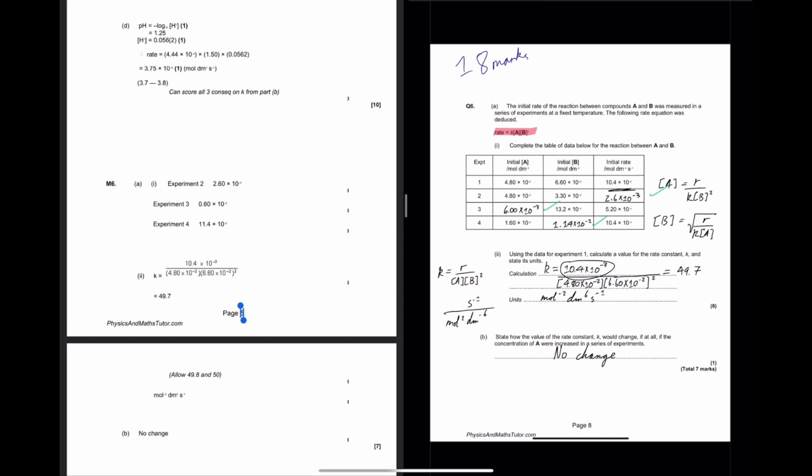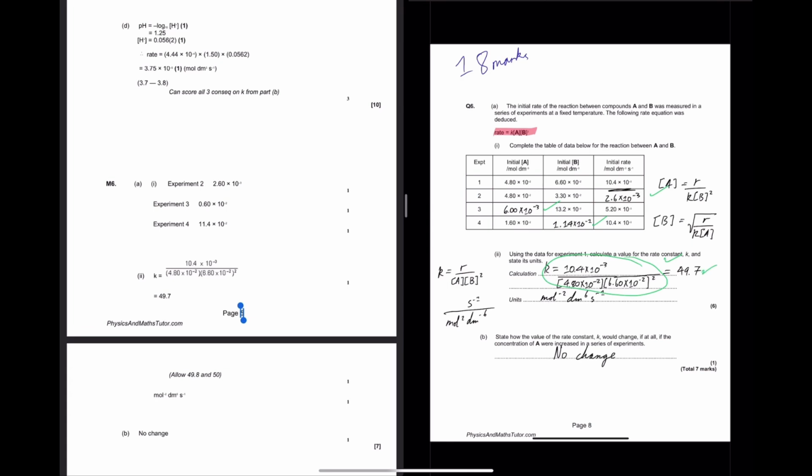Working out the value for K, just doing this is fine. Obviously you wouldn't put the circle there. I just put the circle there to help explain to you guys. Just doing that is a mark, getting the correct answer is another mark.